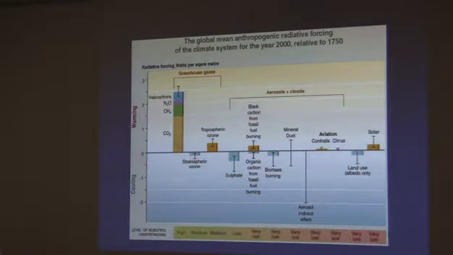But look at these error bars. The aerosol indirect effect. It's really huge error bars. Or look at the mineral dust. We're really not sure if it's up for warming or lower for cooling. So all these aerosols and clouds are certainly at a very low level of scientific understanding.